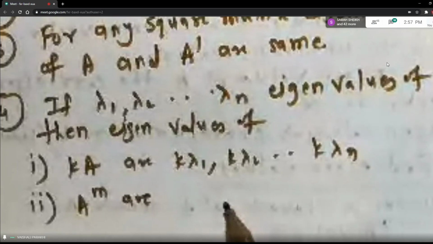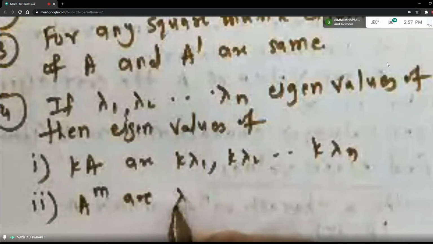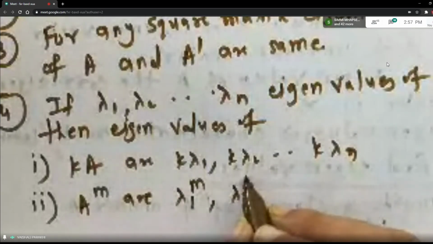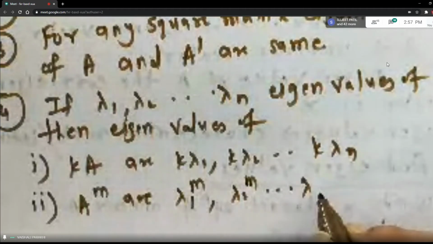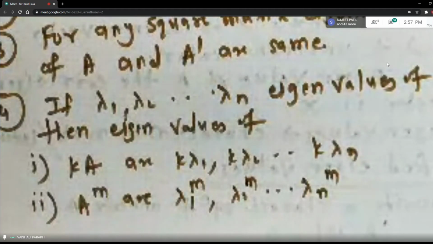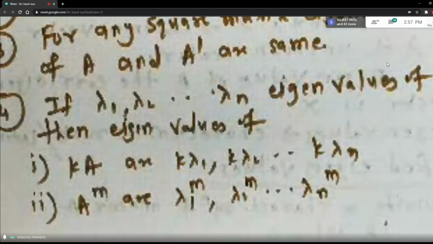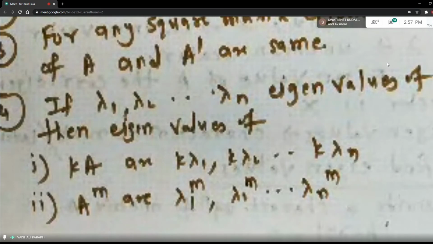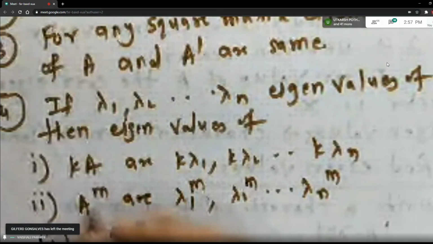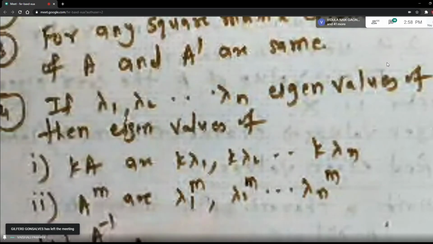M is any number. Okay. So it will be lambda 1 raised to m, lambda 2 raised to m, up to lambda n raised to m. So you need not multiply the matrix those many times and then do the procedure of finding eigenvalues. And the last one is eigenvalues of matrix A inverse.